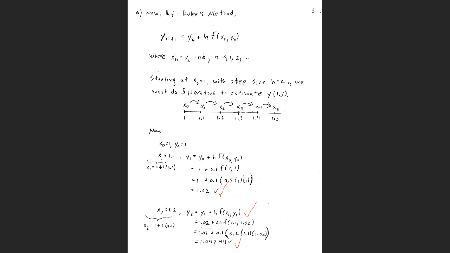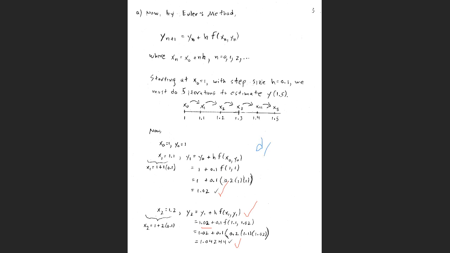Yes, Matthew, question? Next to the 0.2 in the y1 equals section, after f at 1, comma 1, where does the stuff next to the 0.2, the two ones, come from? Oh, okay, all right.